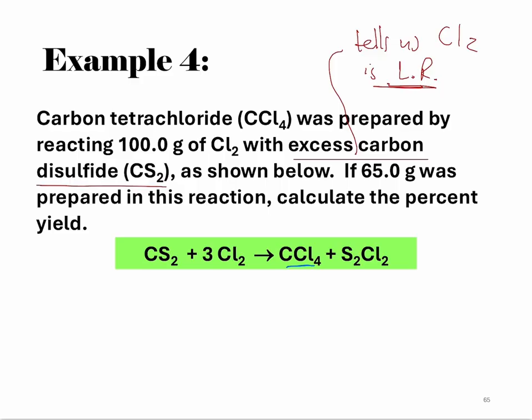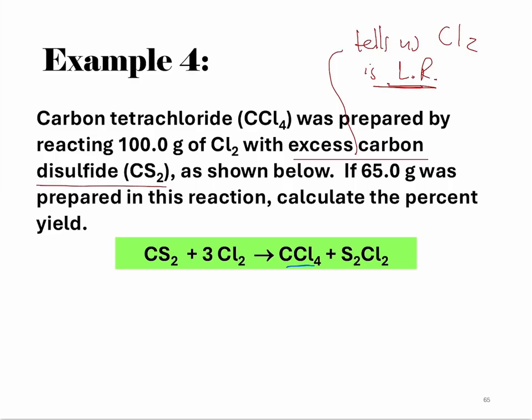So a way of phrasing that in chemistry vocabulary would be, we prepared magnesium oxide with 5 grams of magnesium and excess oxygen gas, right? And that implies that the magnesium is your limiting reactant. So whenever you see excess or anything like that, that means whatever else is there is your limiting reactant.